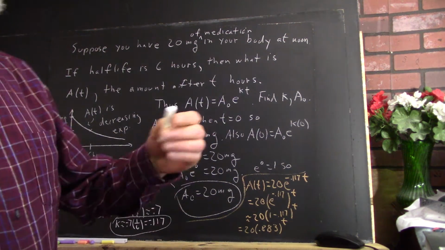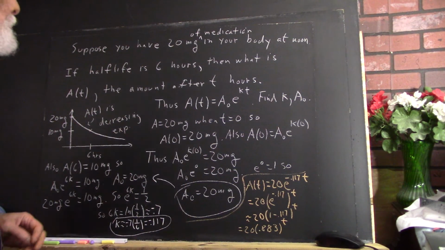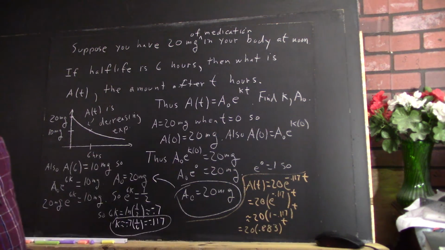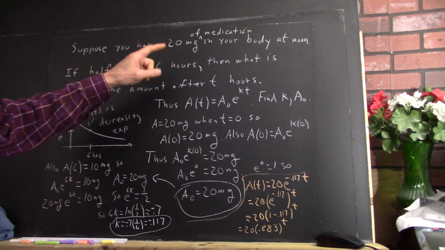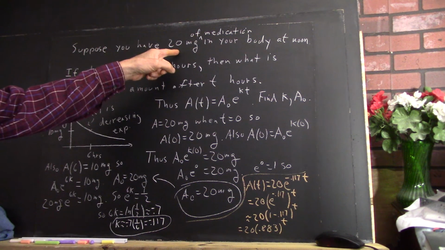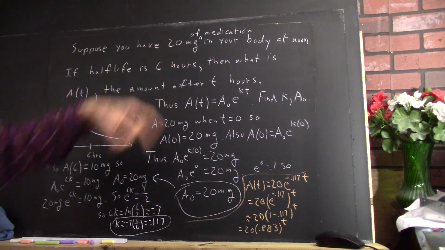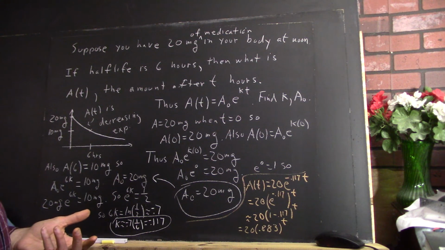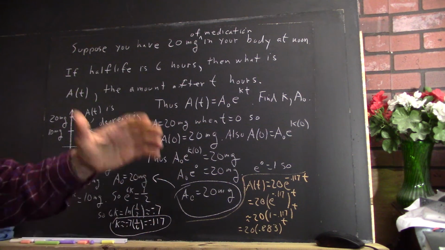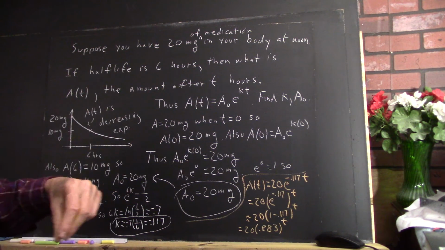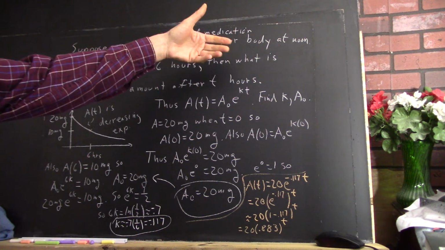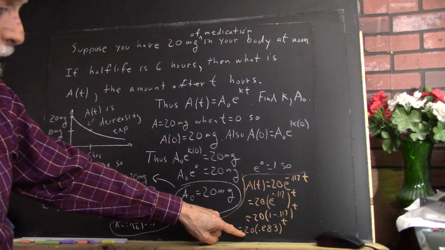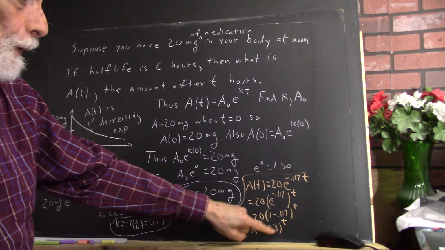You can model the amount of drugs in your system then by saying, okay, if I take this medication every 12 hours, the first time I take it, say an hour after I take it, I got 20 milligrams in my body. Okay, well, the second time I take it, 12 hours later, I'm already going to have, turns out, 5 milligrams in my body, and I take the 20, and now I have 25. So now the amount over the next 12 hours would be 25 times 0.883 to the t.